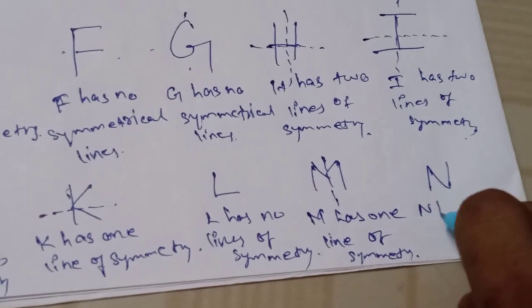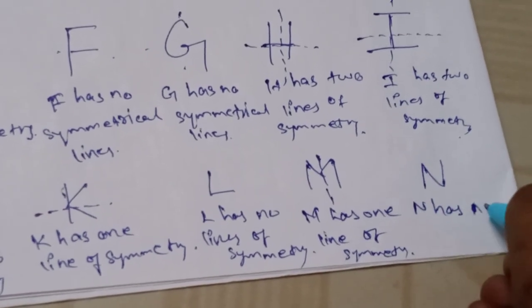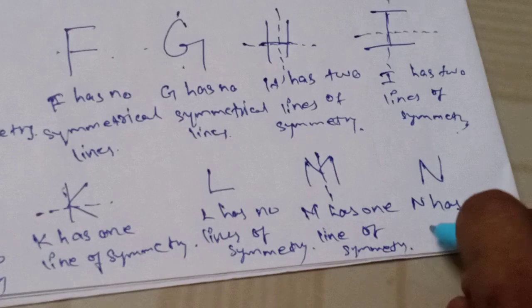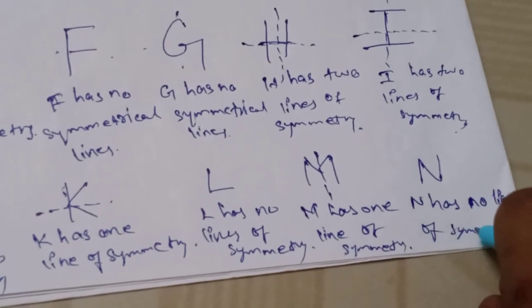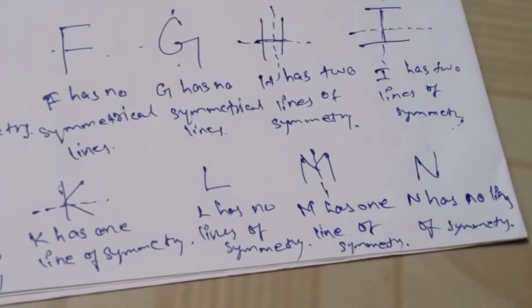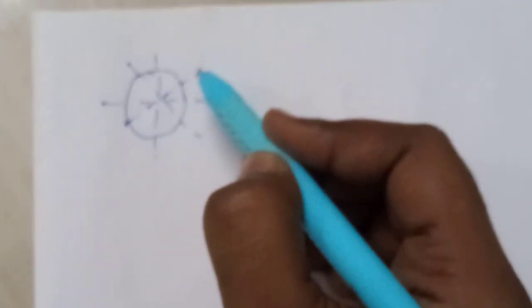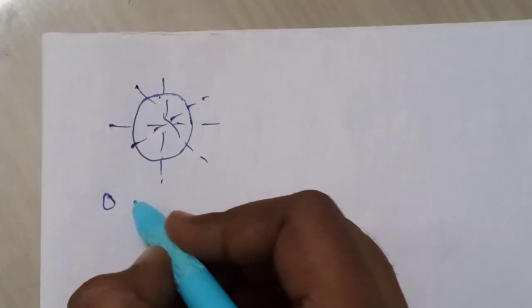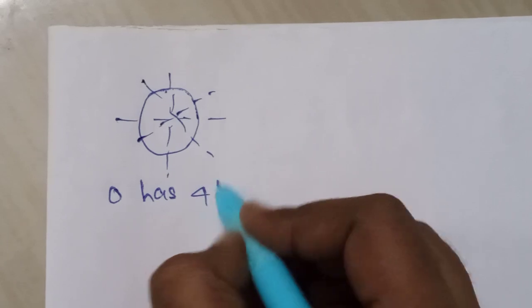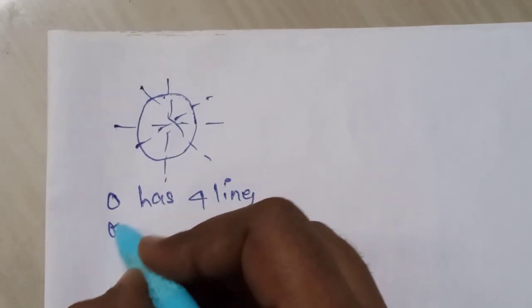So N has no lines of symmetry. So O, we have 1, 2, 3 and 4. So O has 4 lines of symmetry.